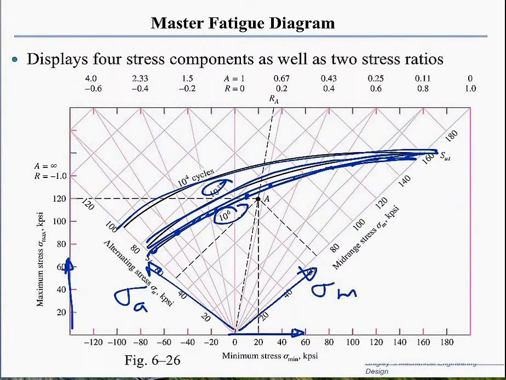This can be the result of a lot of experimental data, where for any design point like A here, we have to have a mean value and an alternating value, and it should be below the experimental data so that you have a safe design.